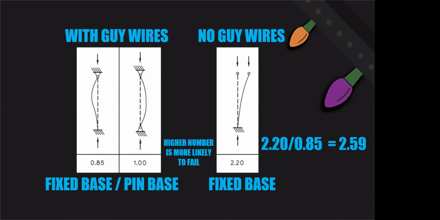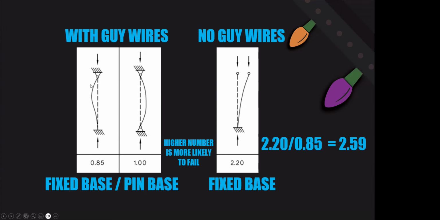There's actually the fact that these are squared when you get into the engineering formulas, which I won't bore you with, but it's even more likely it would be up above a 4 because you square this number at the bottom. Square this is still 1. If we're comparing the same base conditions here, you're comparing a 2.2 to a 0.85. So this is 2.59 times more likely to get to this shape than it is this way with your K factor.